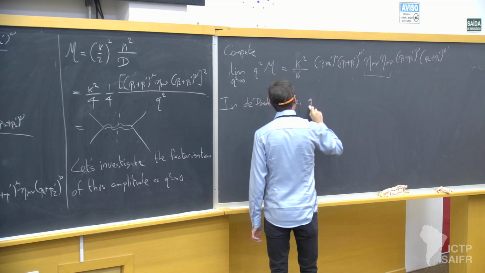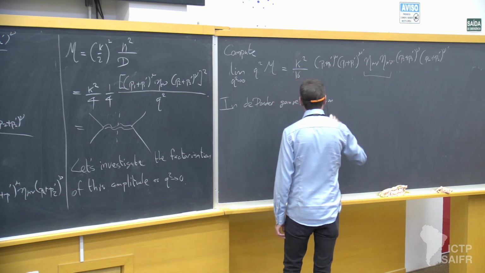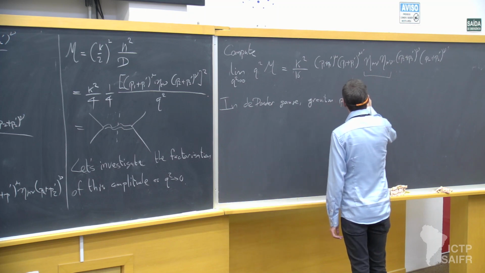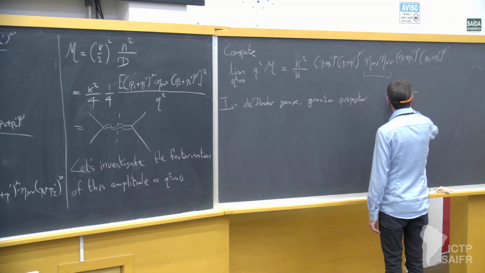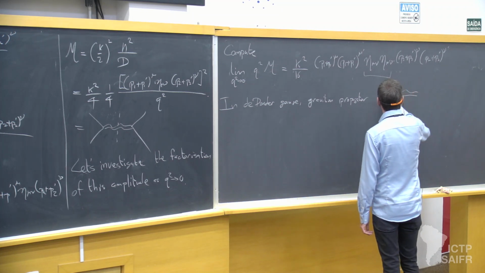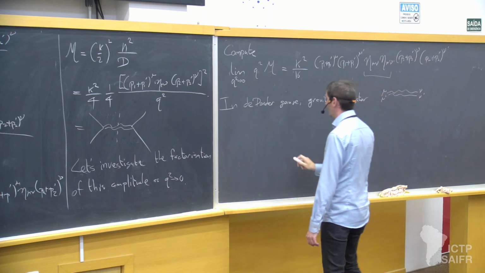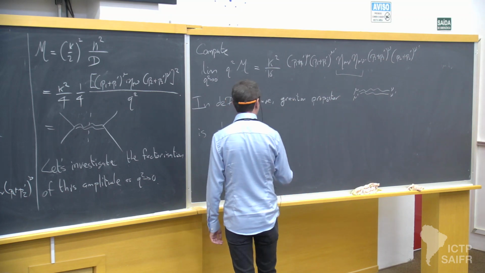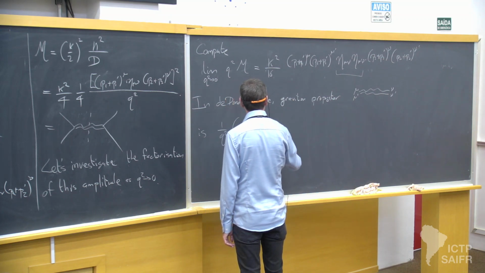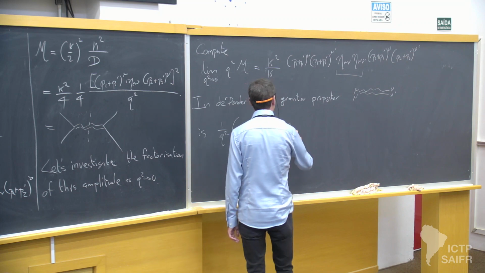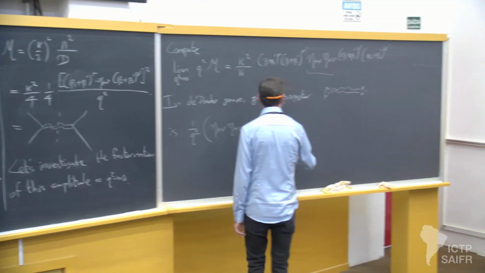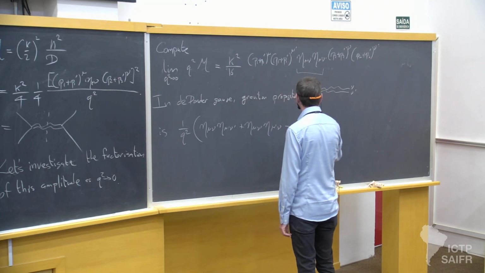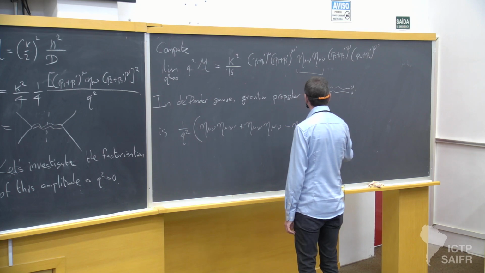So the graviton propagator, from mu prime to nu prime, is, well, there'd be a 1 over q squared, but then there's the numerator: eta mu nu, eta mu prime nu prime. There's a second term, eta mu nu prime, eta mu prime nu. And then, crucially, there's a subtraction term, eta mu mu prime, eta nu nu prime.